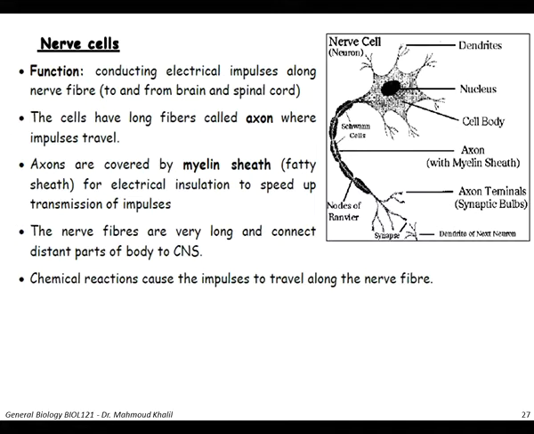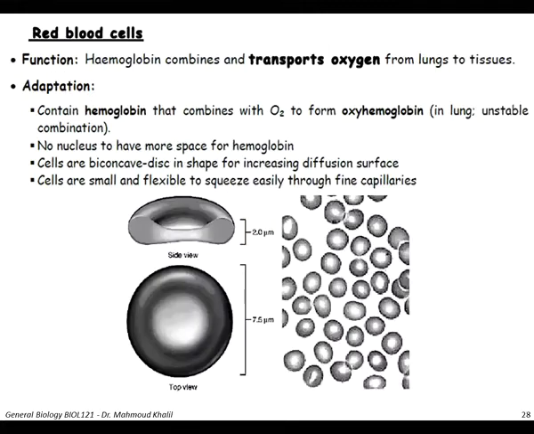These nerve fibers are very long, starting from the central nervous system, which is the brain and the spinal cord, and going to the body until reaching the extremes of the body. The chemical reactions which occur along these fibers propagate the impulse.